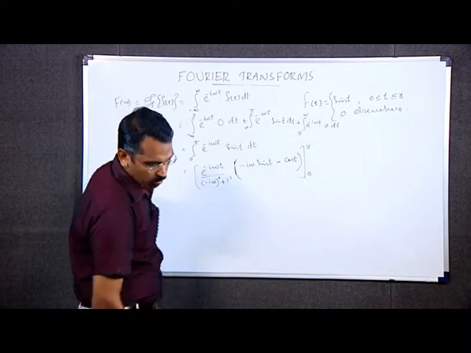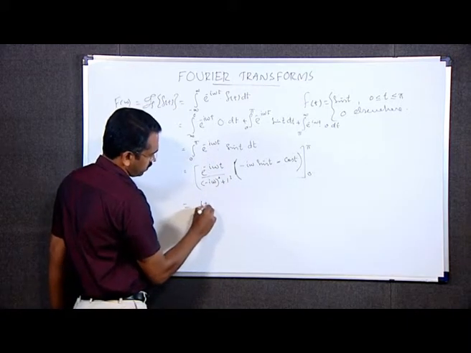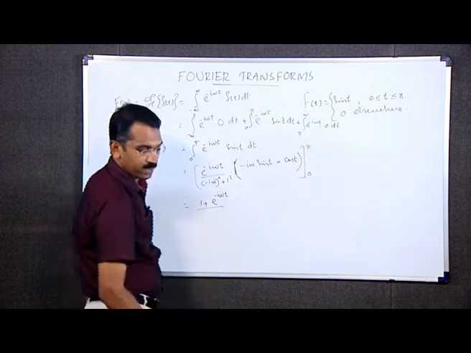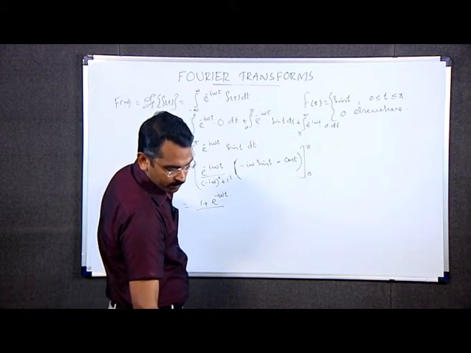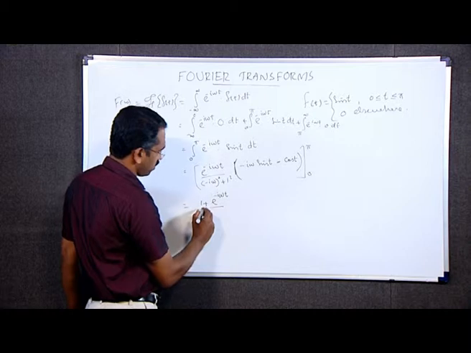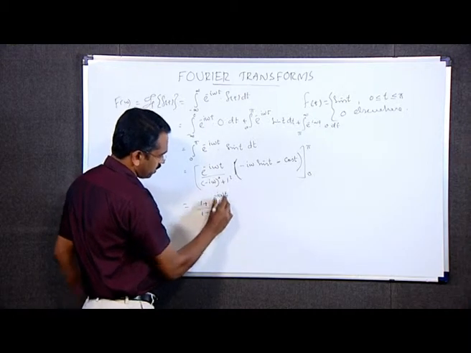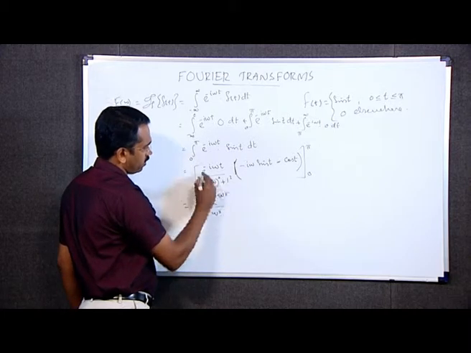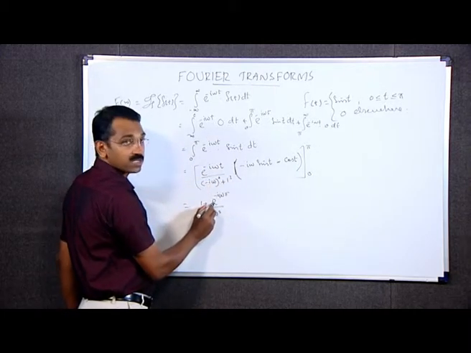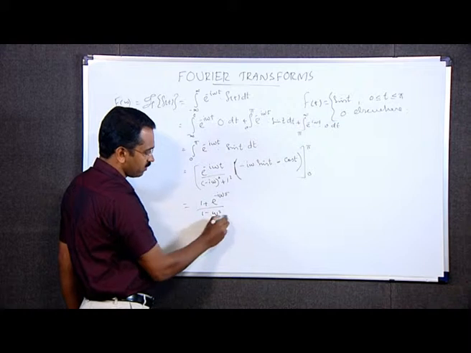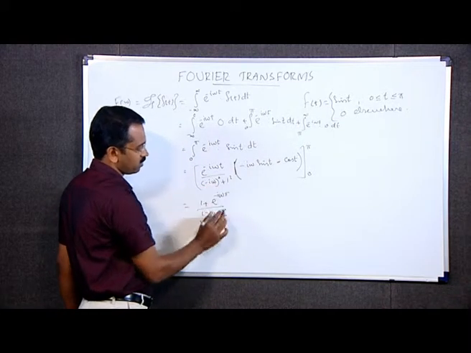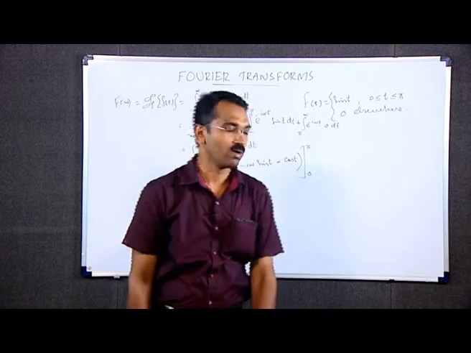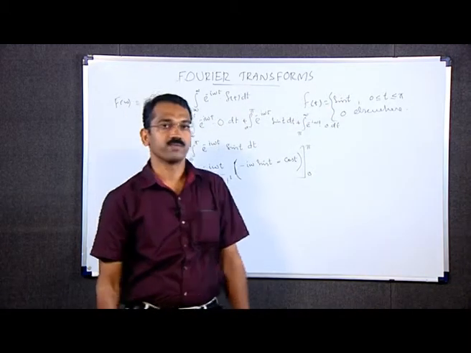Which is equal to 1 plus e raised to minus i omega pi divided by 1 minus omega square, when we apply the limits. This is the required Fourier transform of the given function.